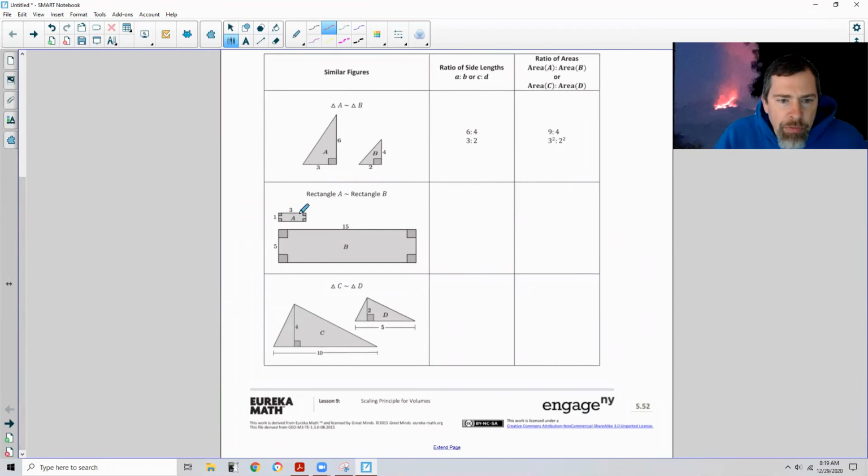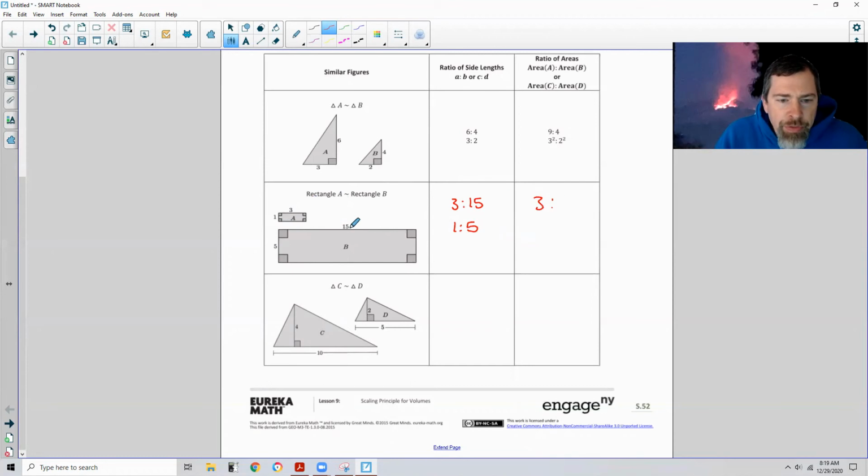So I have rectangle A is similar to rectangle B, and I have a length of 3 to a length of 15. I also have a width of 1 to a width of 5. So area is base times height. So 1 times 3 is 3.